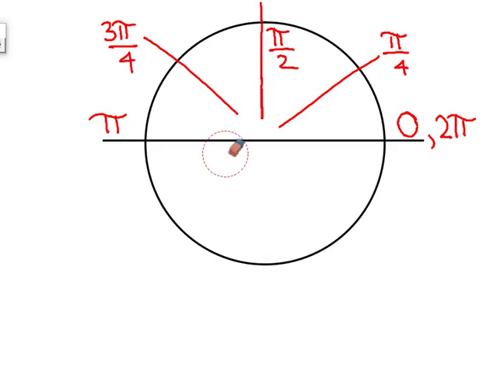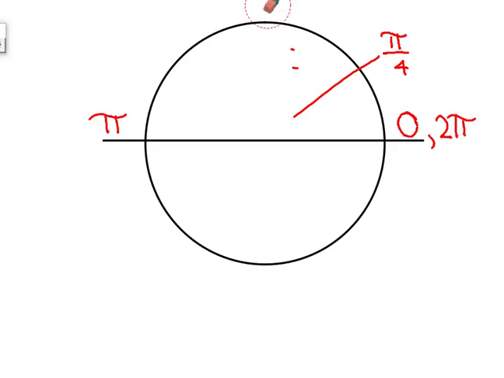Let's go ahead and divide up the unit circle a little bit differently. We are going to now divide this into sixths. If I take this top half of the circle and divide that into sixths, probably the easiest way to do that first is to divide it into thirds.